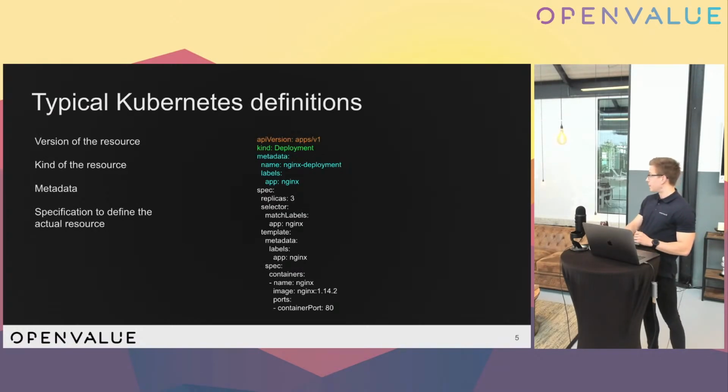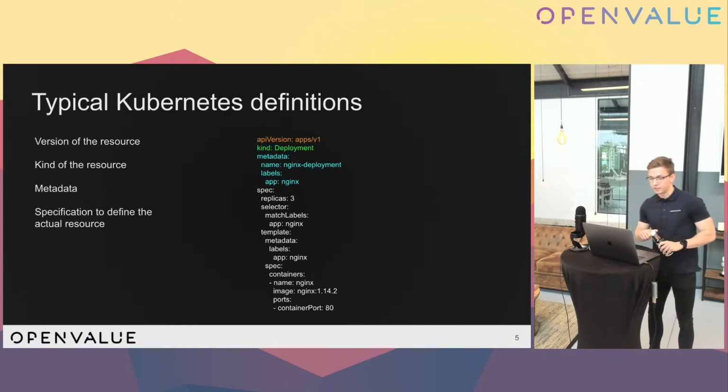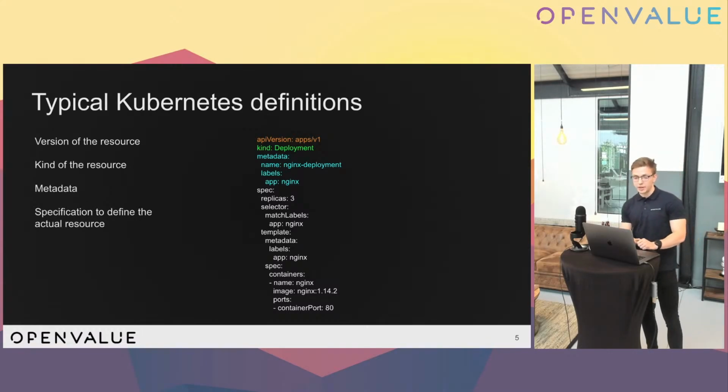Coming back to Kubernetes, if you're not really familiar with it, this is an example definition. At the top, in orange, you see the API that you're using. In green is the kind of resource that you're trying to create.